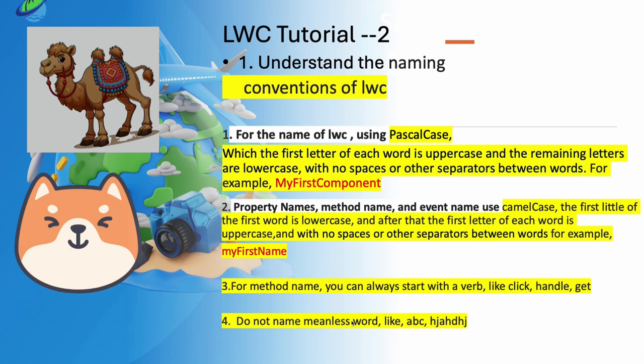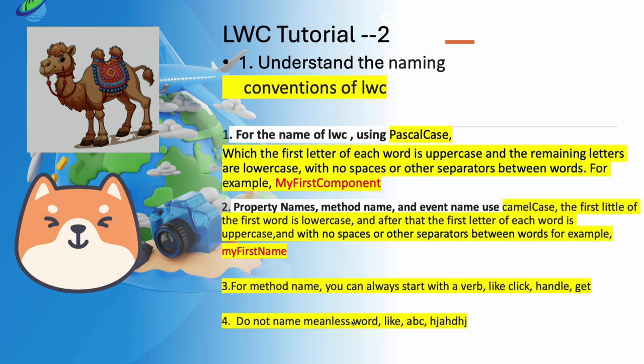And the final one, do not use meaningless words like ABC or meaningless combinations of letters. Other developers are going to read your code, and they will get confused about what you are doing with this code.